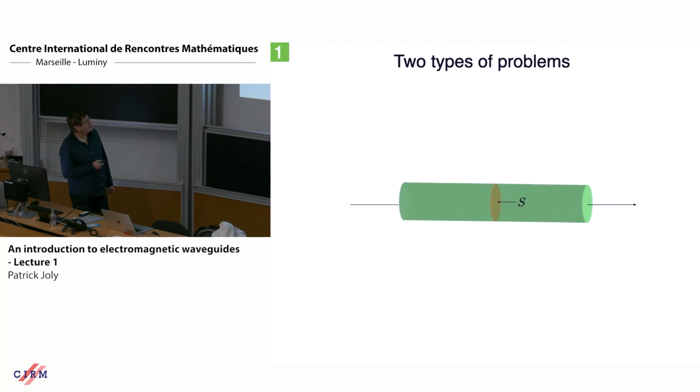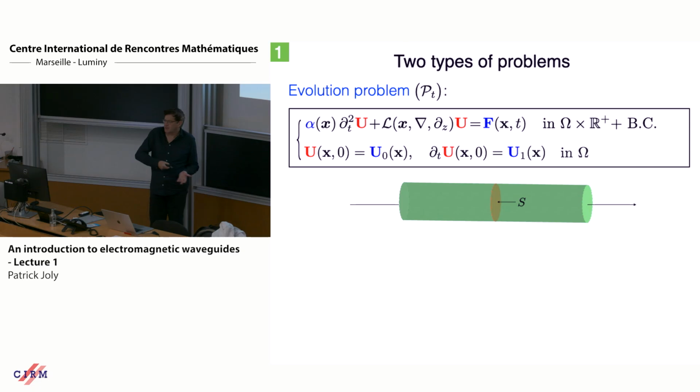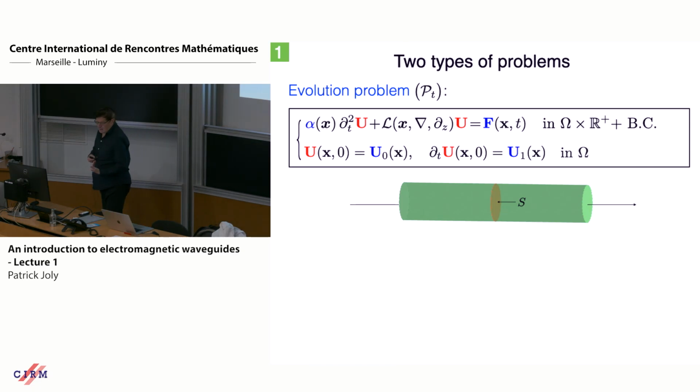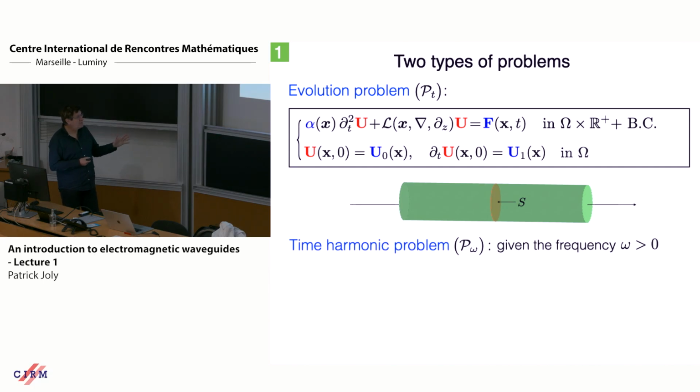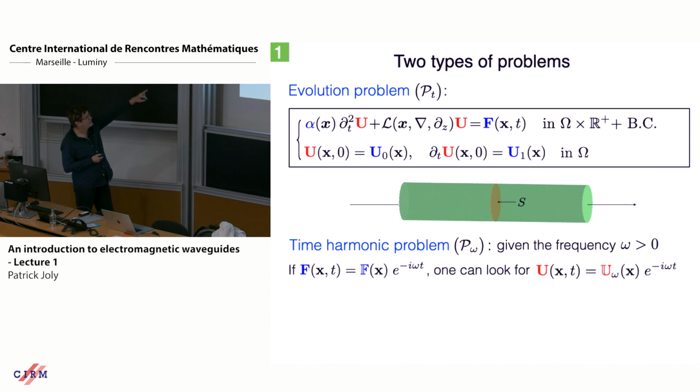And in this type of geometry, we can a priori consider two types of problems. First, the evolution problem, where you look for the solution as a function of x and t, given initial data. Or the time harmonic problem, where this time you consider a given frequency, which is a parameter of the problem, and you assume that the source term, the right-hand side, oscillates in time with the frequency omega, so that you can look for a solution of the same type, which is called a time harmonic solution.